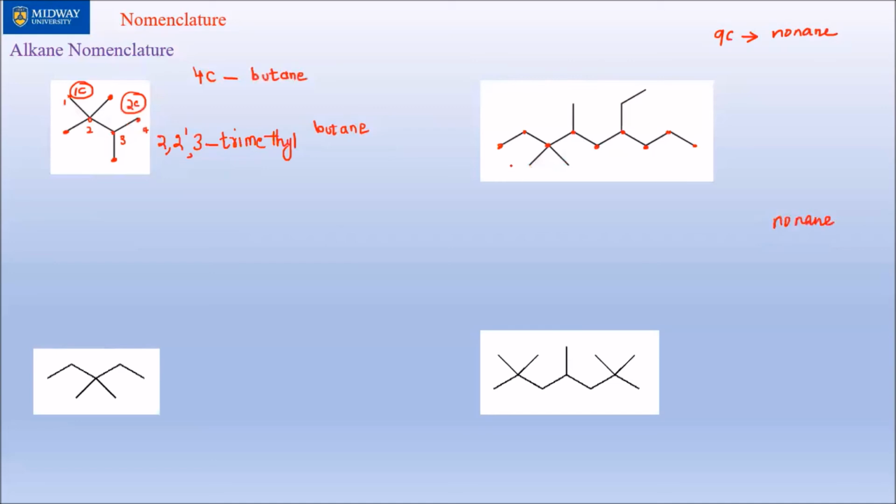Now, which side has more? Well, clearly, this carbon has 2 substituents in itself, so right away it wins the race, because this side has 2 carbons, this side has a lot more carbons, right? So there's no comparison at all. So this side wins the race. So we go 1, 2, 3, 4, 5.